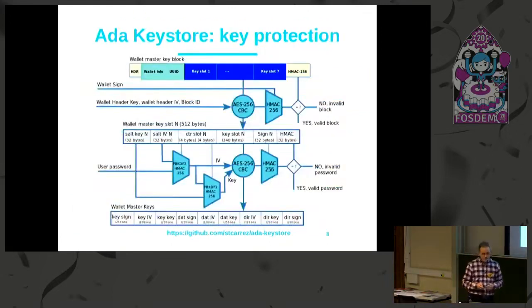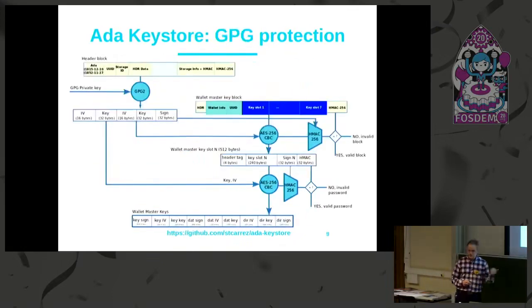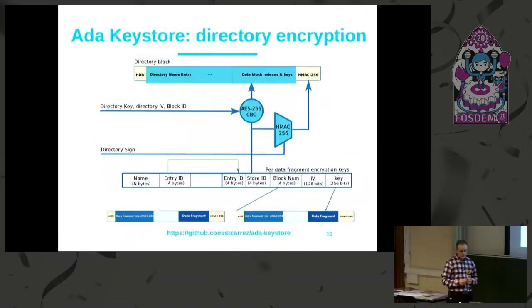So this is the algorithm of the key protection. It's using AES and HMAC 256 with a password-based key derivation. This is a GPG password encryption. This is a directory encryption.